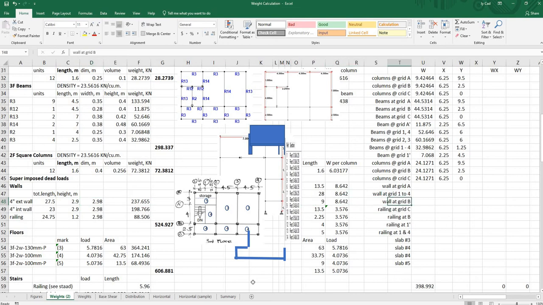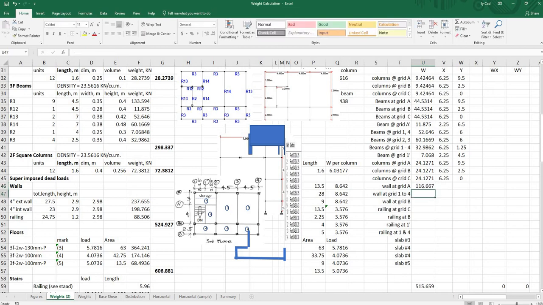So at grid A, the area of the wall would be 13.5 times 2.9, that is the height, multiplied by 2.98.